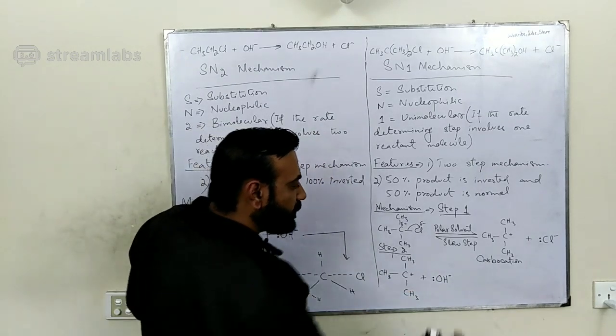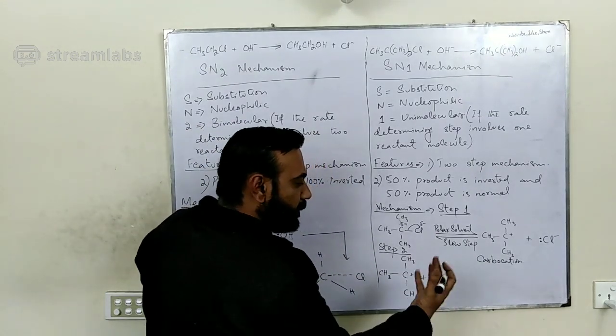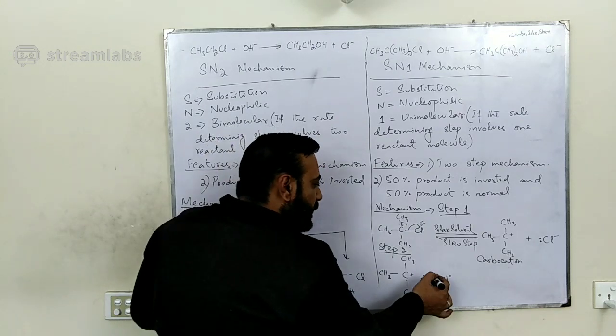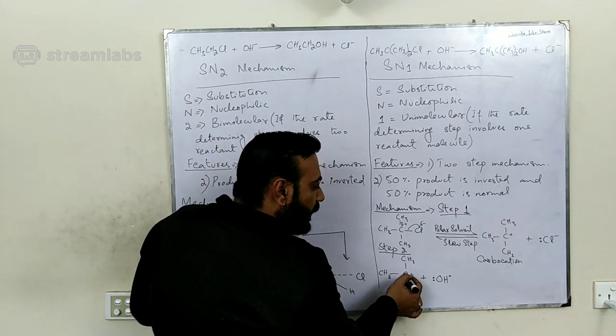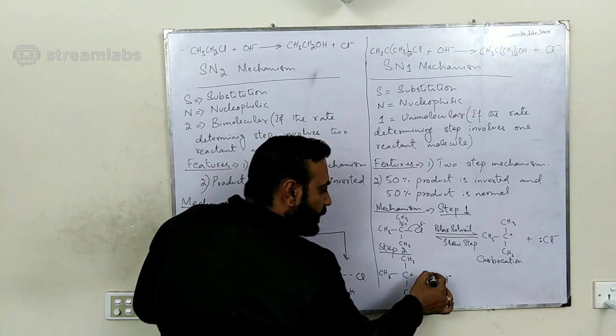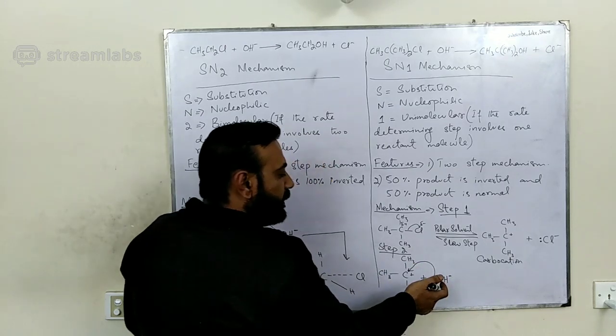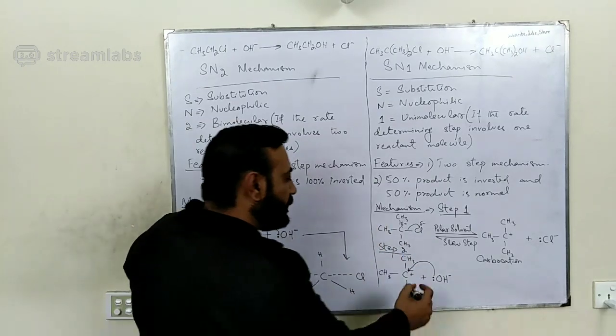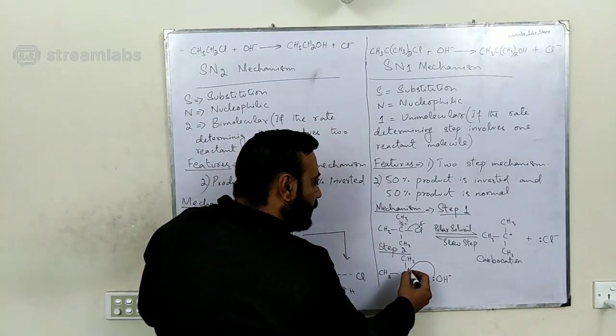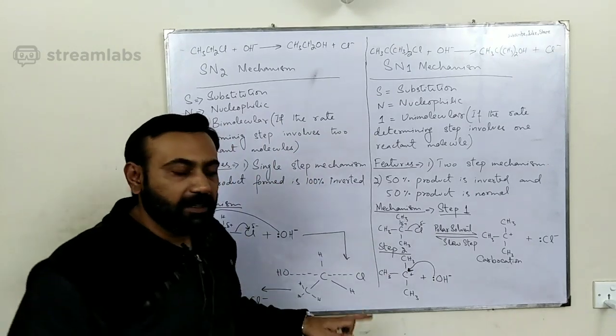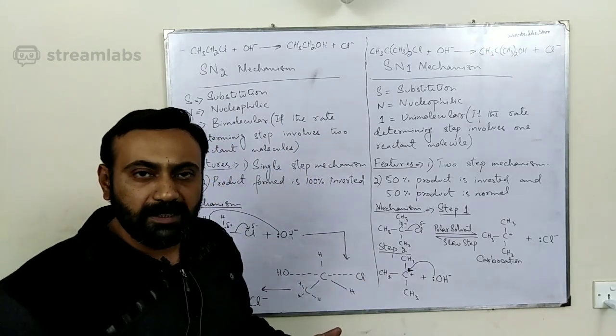Now these hydroxide ions have this lone pair of electrons and they have a negative charge. So this pair of electrons will attack this positively charged carbon atom, and this time we do not have to take the arrow from the back of the carbon. We can simply take it from the front, because there is no negative radical there to repel these hydroxide ions.